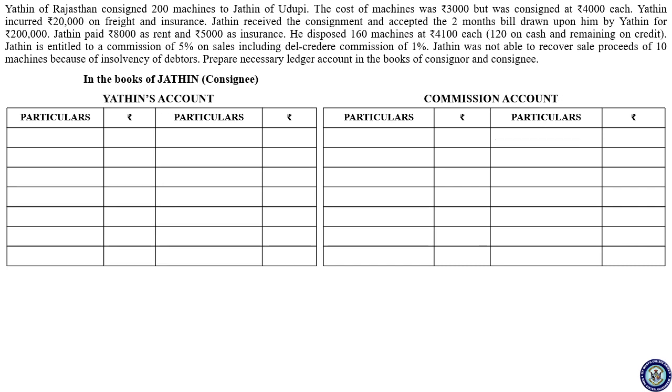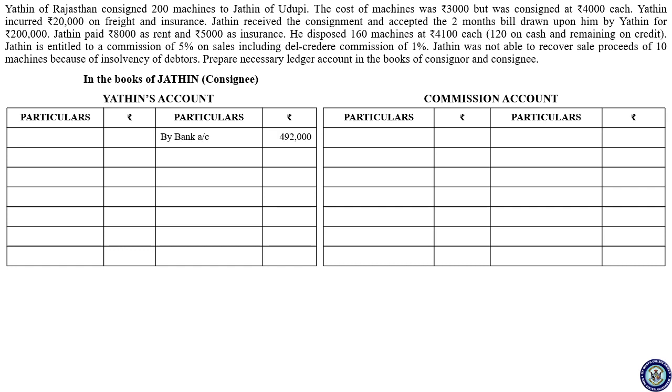So next in the books of Jatin, that is consignee, you have to prepare consignor's account, that is Yatin's account and commission account. So Yatin is going to receive the money from Jatin. So Jatin will pay the money, that is by bank.